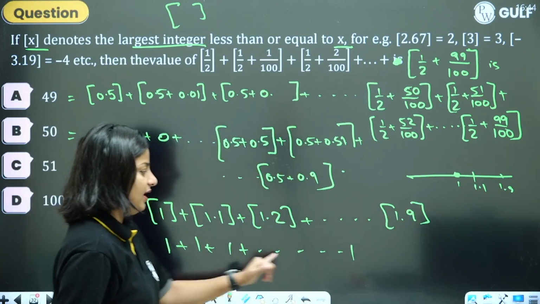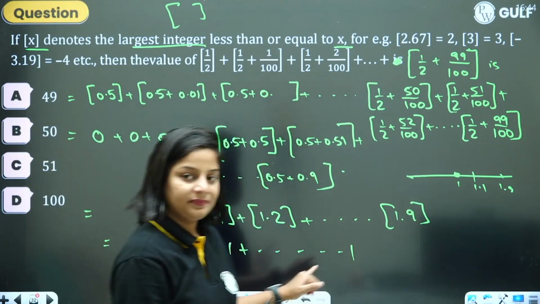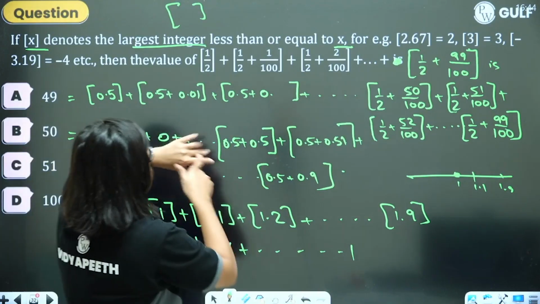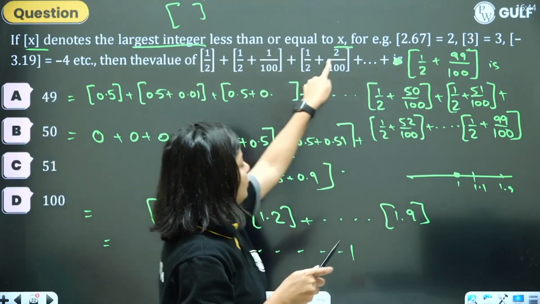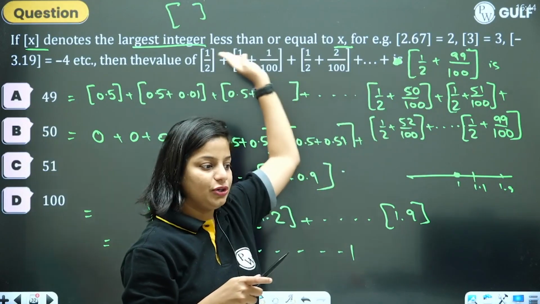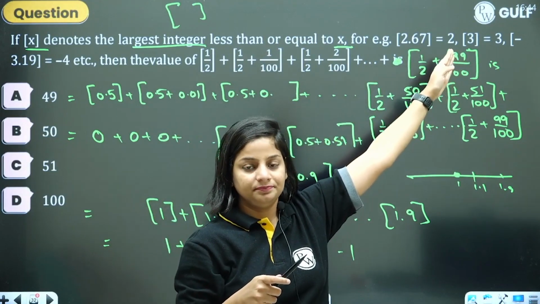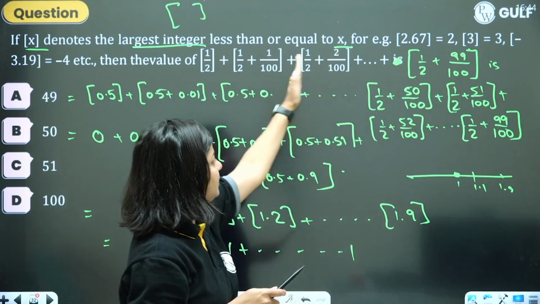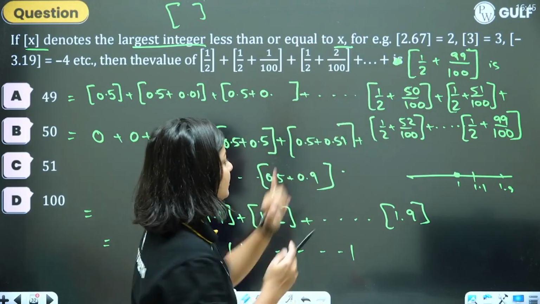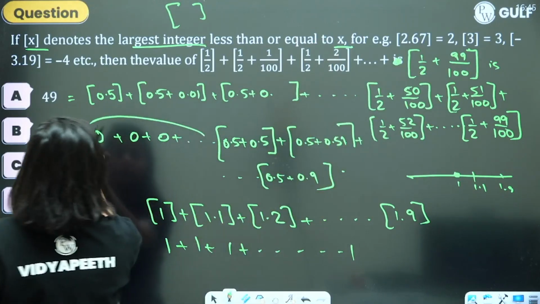So 1, 1, 1, 1 added how many times? Total, you went from 0, 1, 2, 3, 4 till 99. So 0 to 99, there are 100 terms. Out of this 100, from 0 to 49, everything was 0.